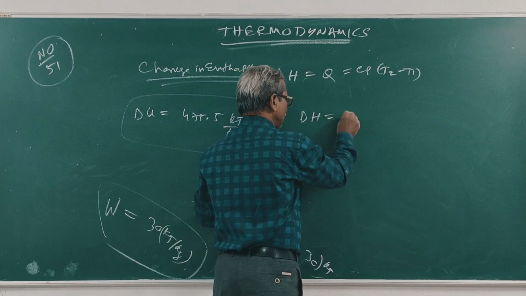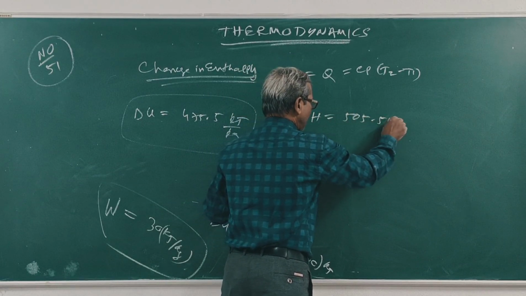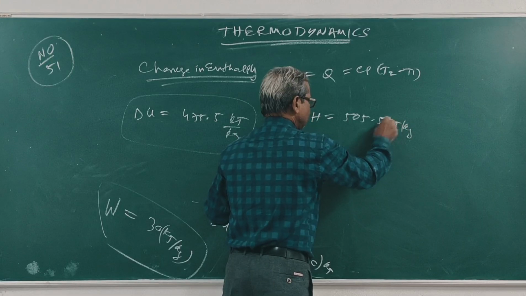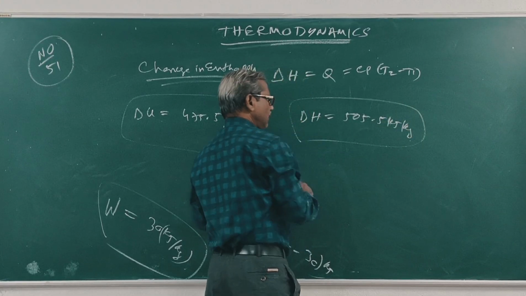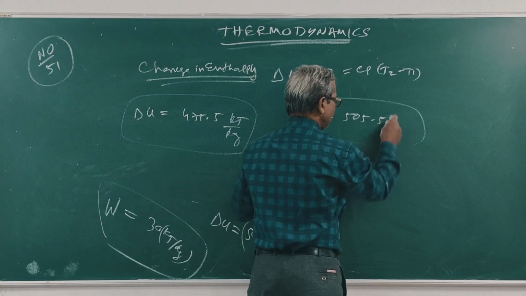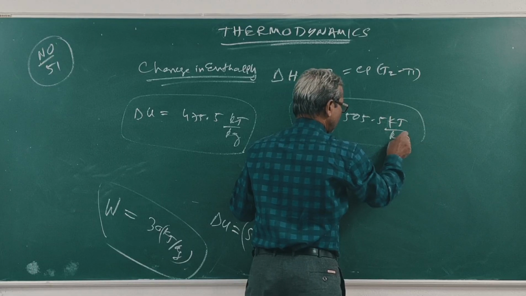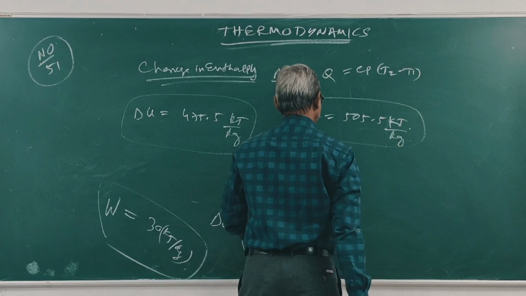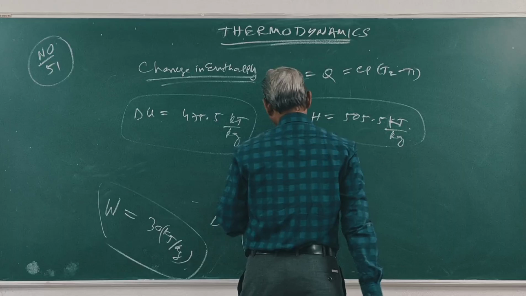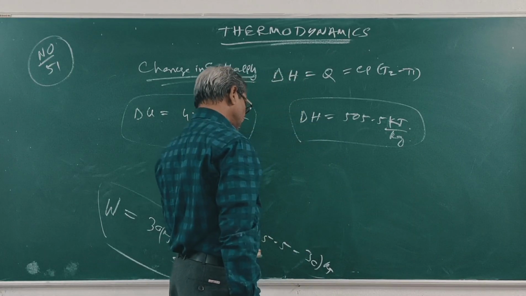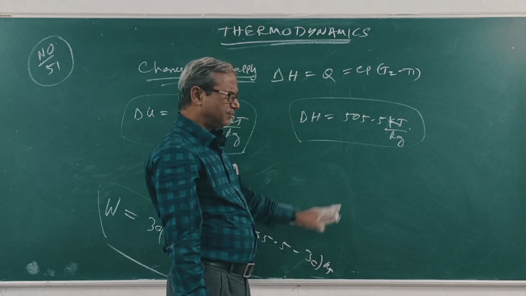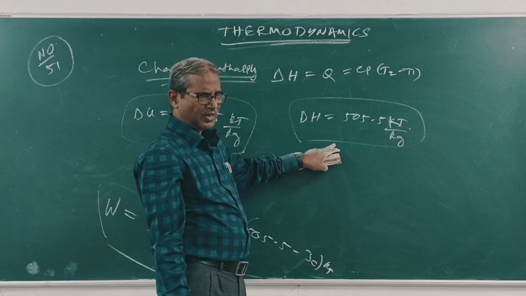Del H is equal to 505.5 kilojoule per kg. Clear? We have found heat transfer, change in internal energy, change in enthalpy. Clear?